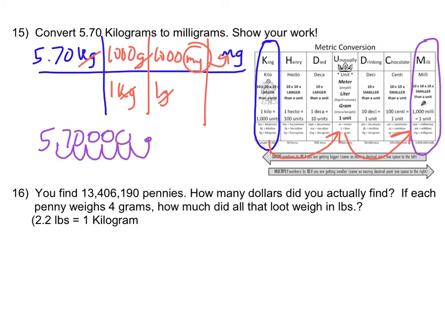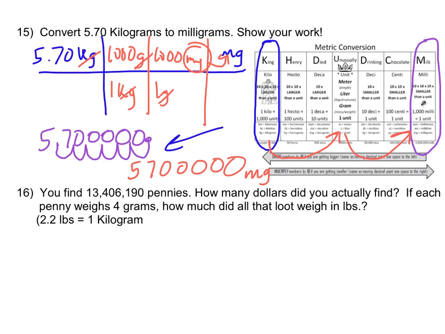I fill in my zeros. And there's my final answer: 5,700,000. And my units, milligrams. Okay. Otherwise, you would have just plugged this into your calculator. I used the shortcut right here. Otherwise, you would just plug it into your calculator.